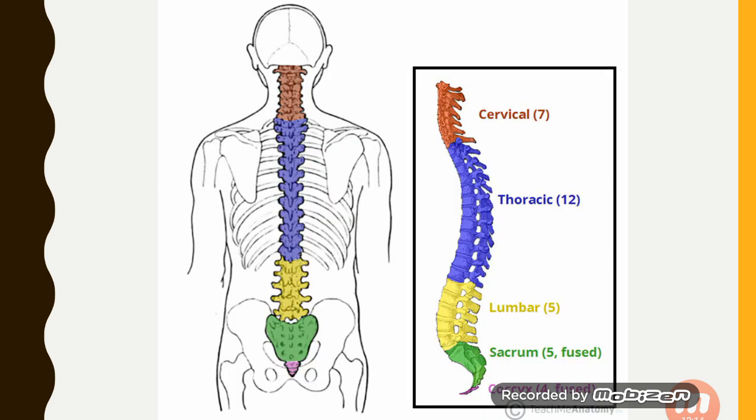The sacrum or the sacral vertebrae is formed by the fusion of anterior 5 vertebrae, and the sacrum articulates with the iliac bones of the hip bone to form the back of the pelvis. Coccyx is formed by the fusion of 4 posterior bones.